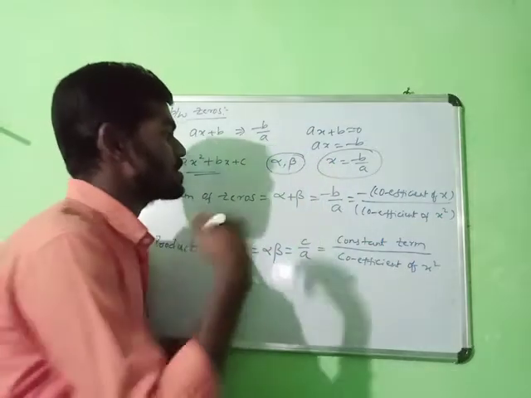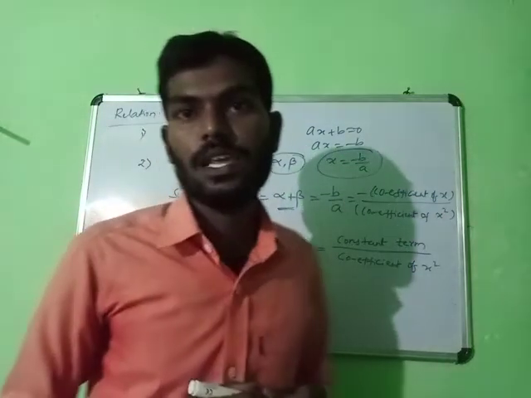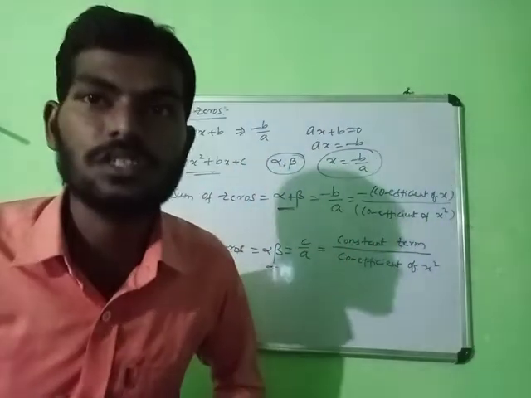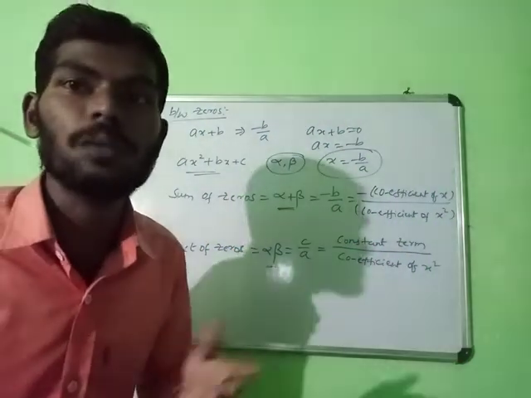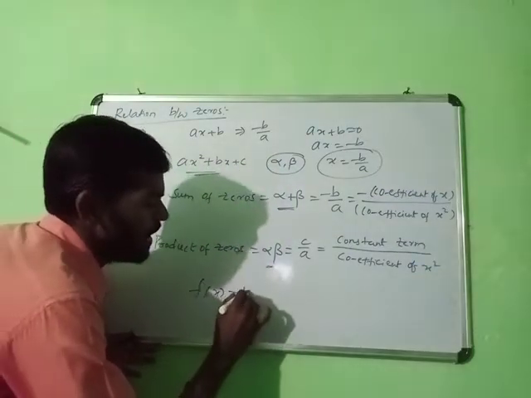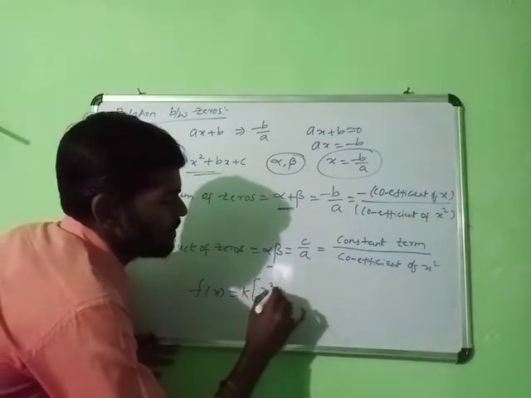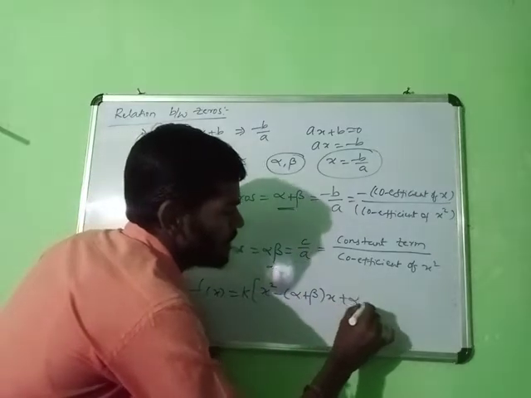If the sum of zeros alpha plus beta is given and the product of zeros alpha into beta is given, then how to find the polynomial? The formula is f of x is equal to k into x square minus alpha plus beta into x plus alpha beta.